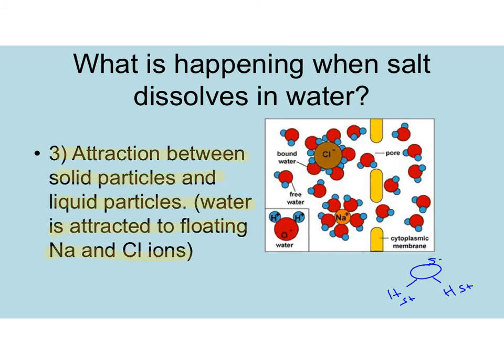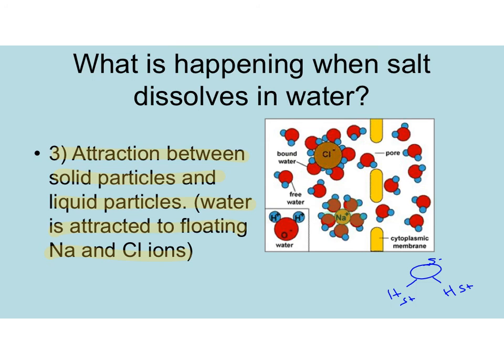Since water has dipoles, slightly positive and slightly negative, and the chlorine and the sodium are ions, they're going to be attracted together. And notice the difference of the orientation. I'm going to highlight this in green. Sodium down here is positively charged, and it's going to be attracted to all the oxygens, which are partially negative because it's a polar molecule.